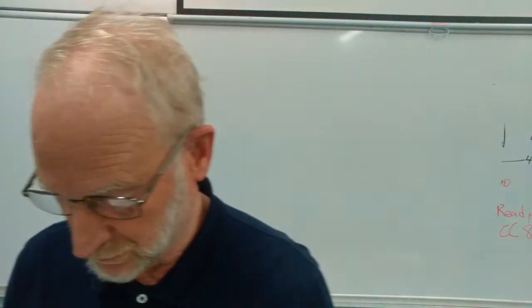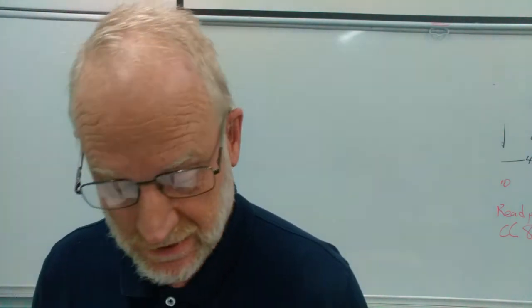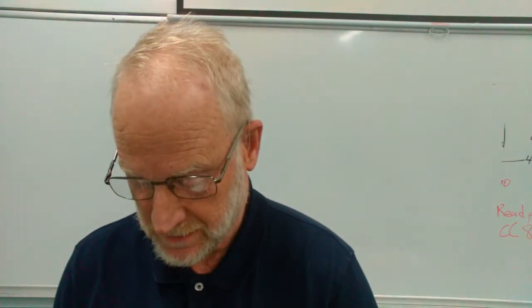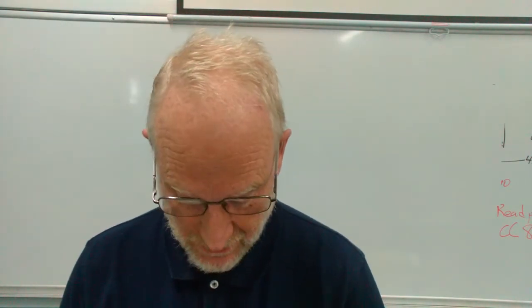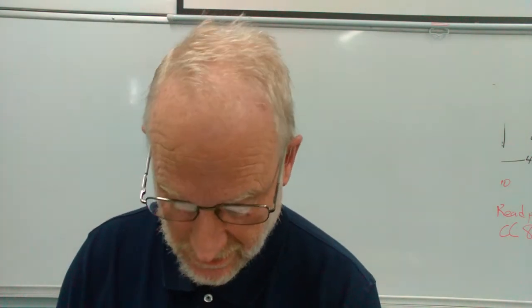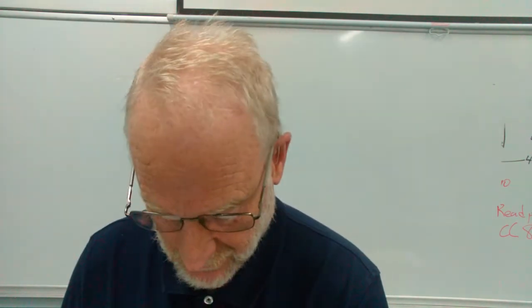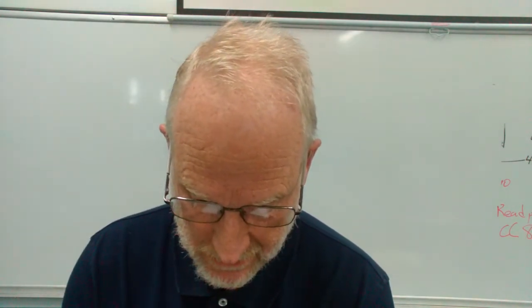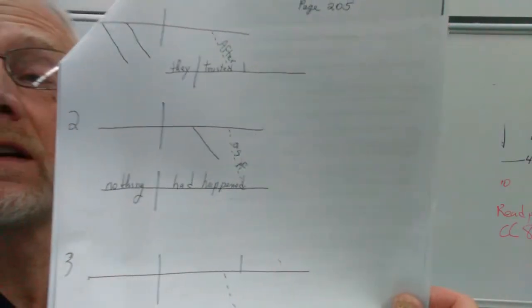Let's try number 2. For number 2, you should put as if on the dotted line. Both those words. And you should put nothing on the bottom for the subject of the bottom part, and had happened for the verb of the second part.